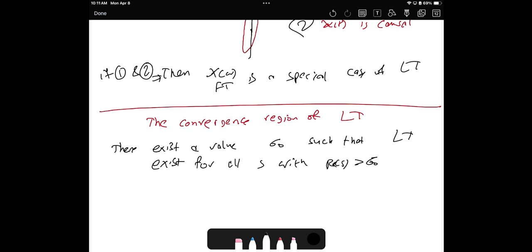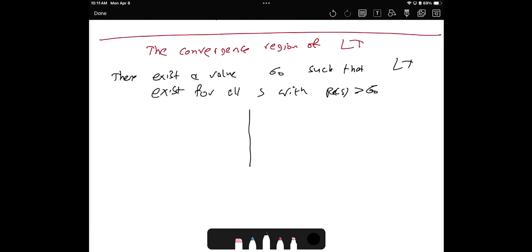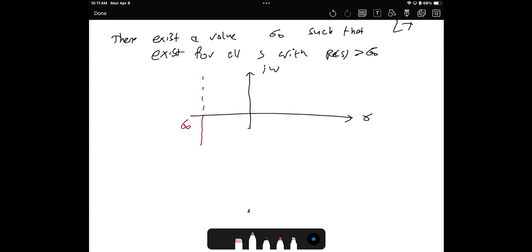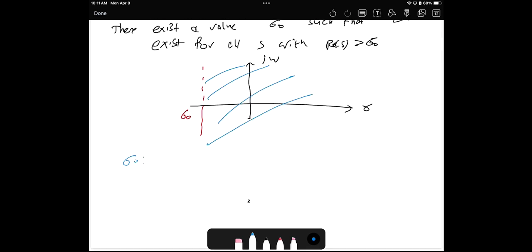What do I mean by this? If we draw the s-plane, which is sigma and j omega, there should be a value called sigma 0, this value. Then all of the poles will be within this area. So I will say all of the poles will be here. In other words, sigma 0 is non-infinity. So what does sigma 0 mean? Sigma 0 is the maximum real part of all poles.